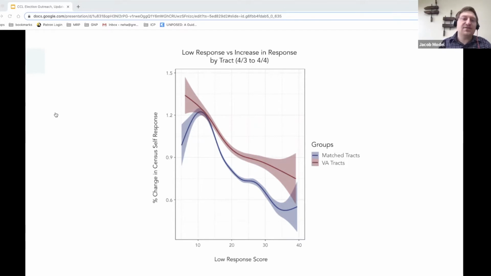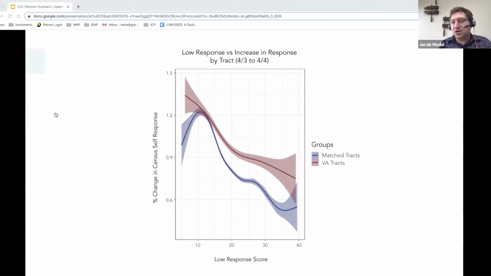And on the left axis was, on that day, the change in census self-response rates, averaged over a couple of days in this case. What you can see is the red line is the actual Virginia tracts that we were sending messages to, and the blue line is a comparison set of tracts that are demographically similar on 21 different dimensions that we looked at.